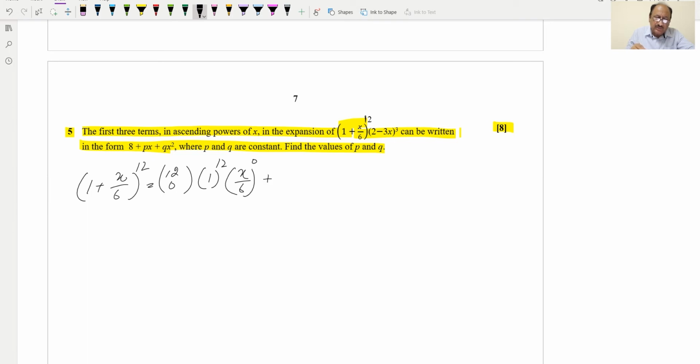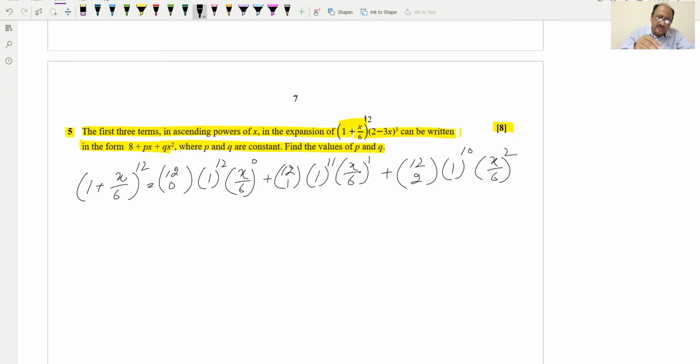First three terms I will be writing, so the second term will be 12c1 and 1 raised to the power 11, and x over 6 raised to the power 1, plus the next term will be 12c2, 1 raised to the power 10, and x over 6 squared.